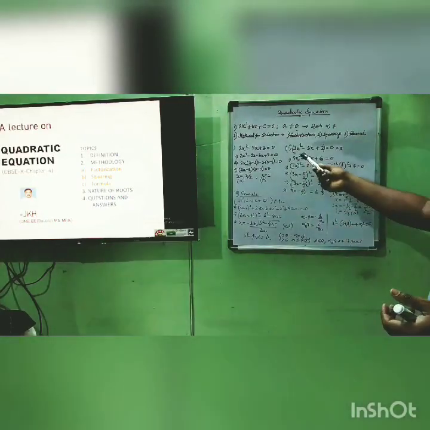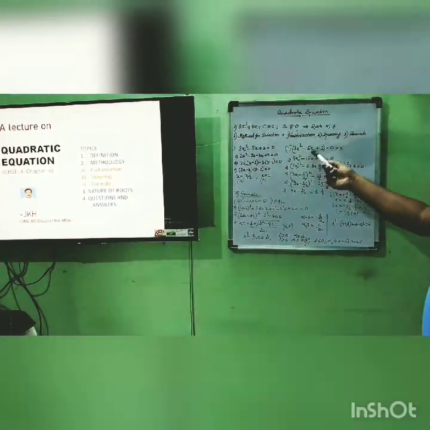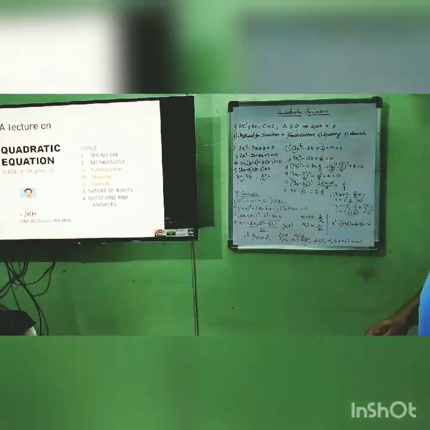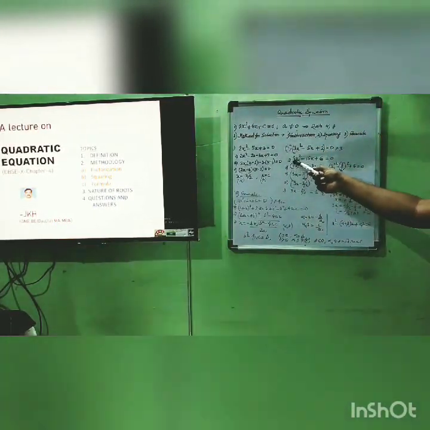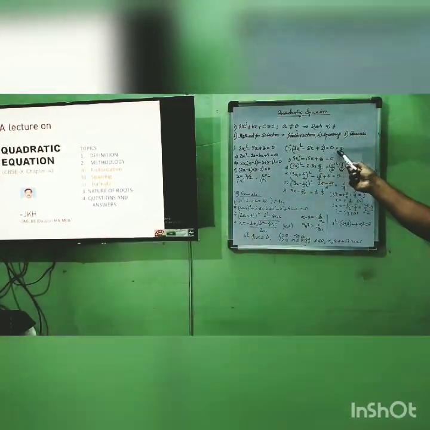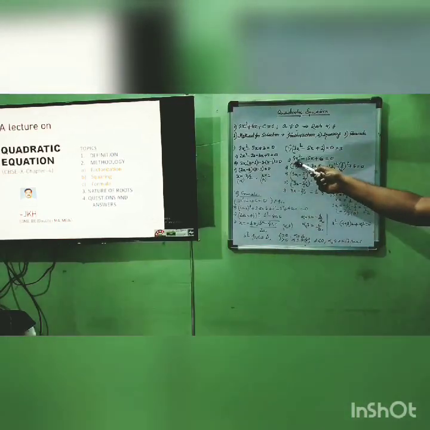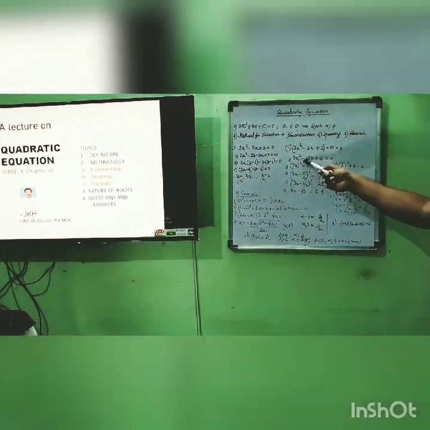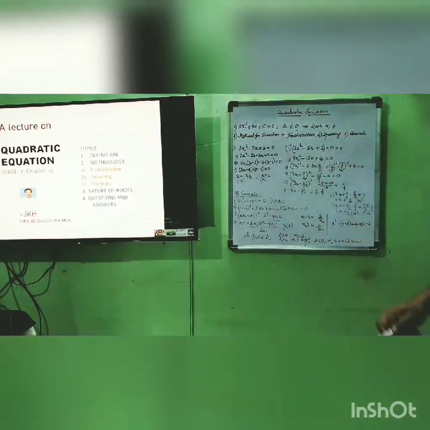So for example, they have given 3x square minus 5x plus 2. This portion we can make in the squaring segment. For making a perfect square of 3x square, you have to multiply by 3, that is 9x square. So the moment it is 9x square, the entire expression will be like this: 9x square minus 15x plus 6.